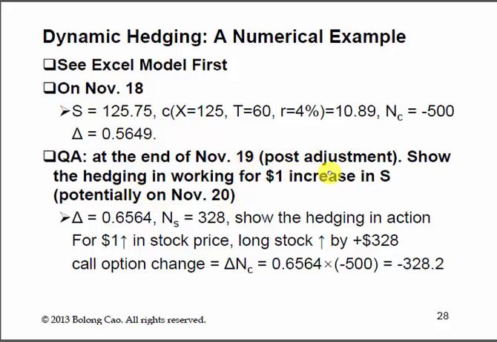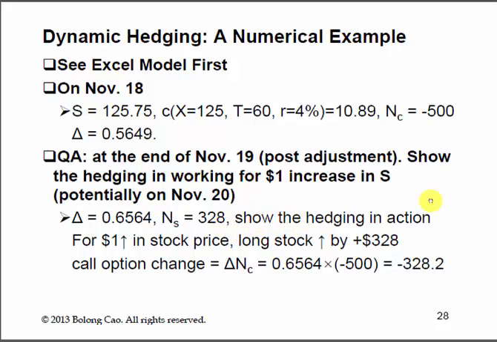So because it's post adjustment, we actually look at the new delta. It's not this 0.5649. It's the 0.6564. So 0.6564 times 500, we basically get a long position in the underlying of 328 shares.